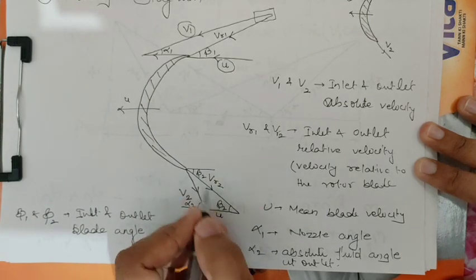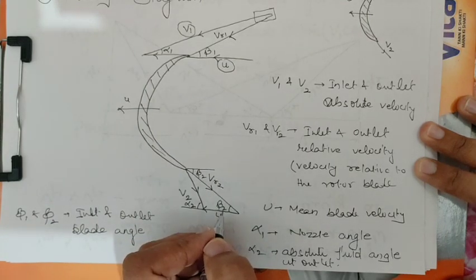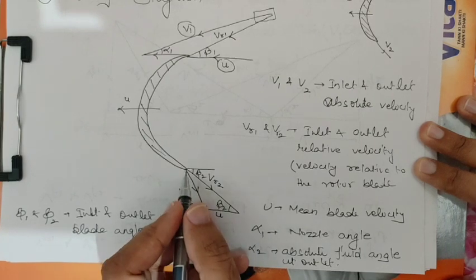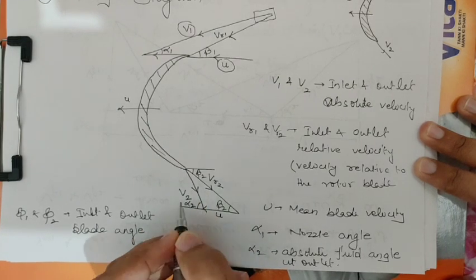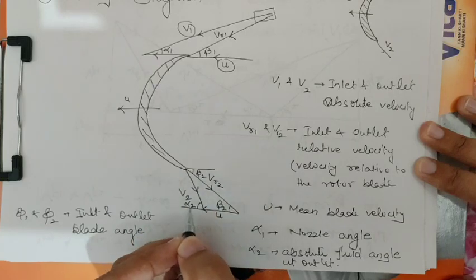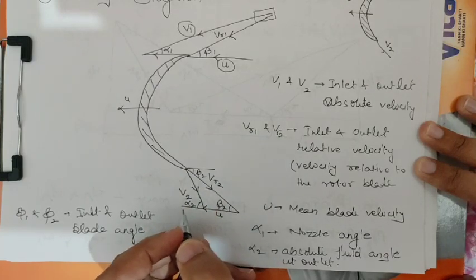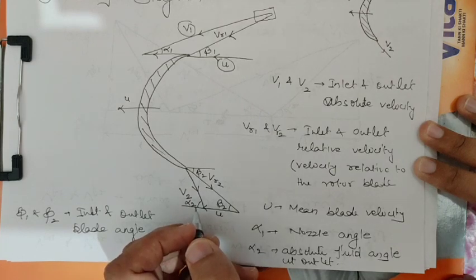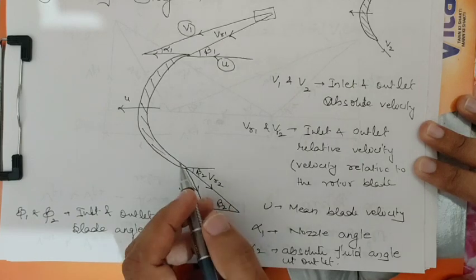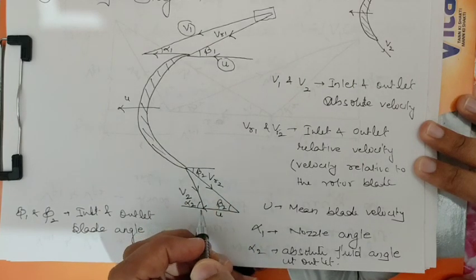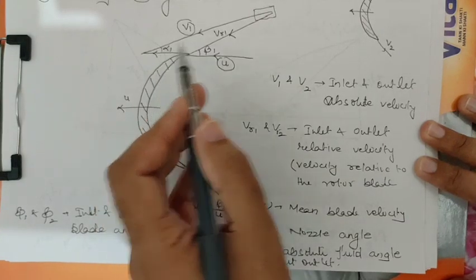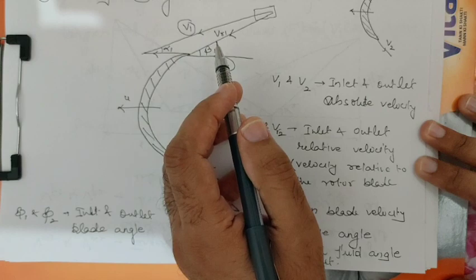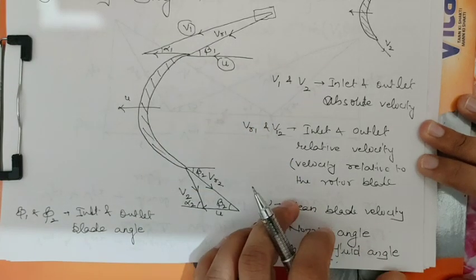So this is beta 2, hence this is also beta 2. And the absolute velocity is this V2, that is having the angle alpha 2, and alpha 2 is what? Alpha 2 is the absolute fluid angle at outlet. It means the angle at which the steam is coming out. So alpha 1, alpha 2, V1, V2, VR1, VR2 are clear to you, I think.